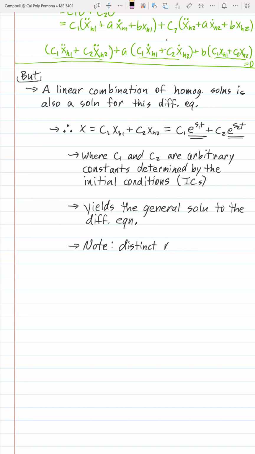Distinct real roots generate an exponential response.